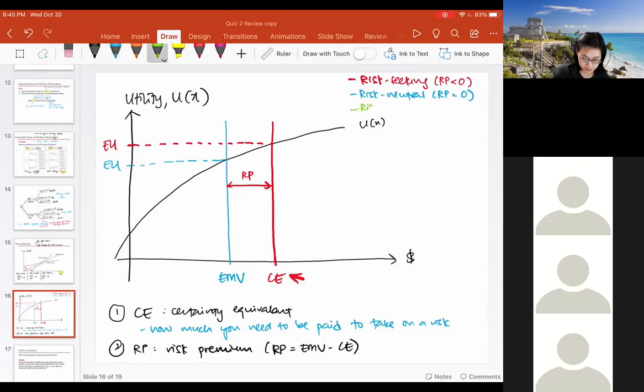If you're risk averse, someone will have to buy the risk from you. RP is greater than 0, right? So think about it.